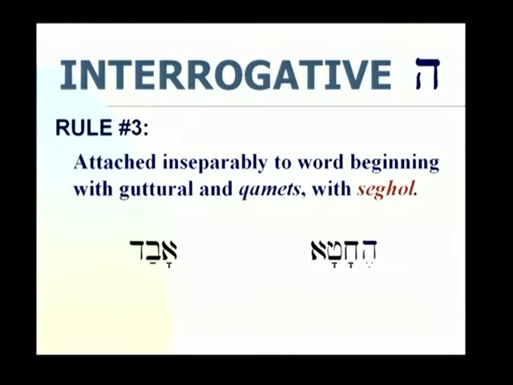It's an interrogative hey. It's not the article. If this were a noun, chata, if it were the noun, the accent is on the last syllable. You have an unaccented qamets first. You'd have the same situation, wouldn't you? So here's a case where if the verb and the noun are the same form, then you'd have to tell by context whether it's interrogative or whether it's the article.